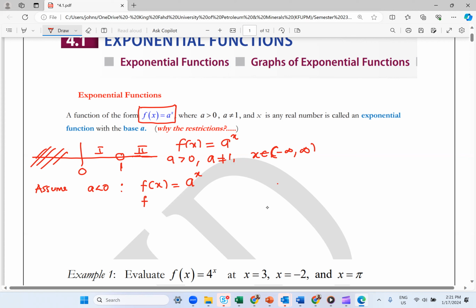For example, take a to be any number less than 0. Let's say you take minus 1. So let's have a function like this.